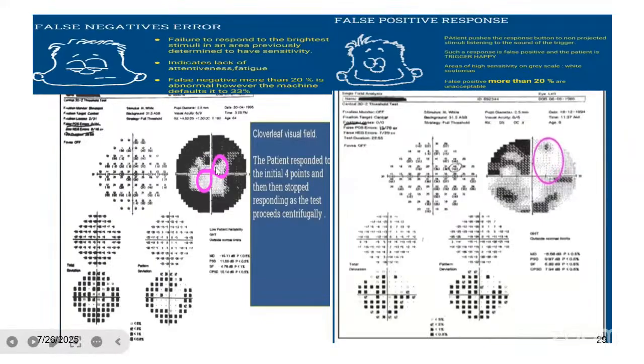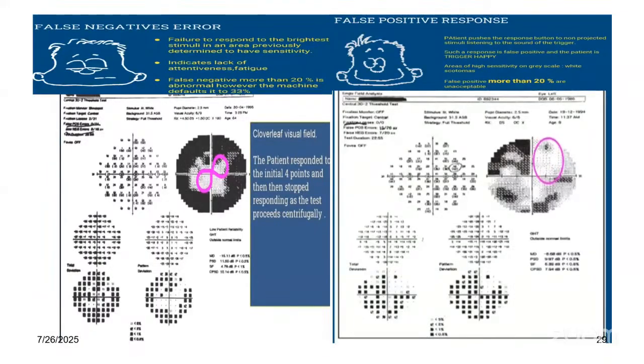And then subsequently onward, the patient will not see any other point. This will give you what we know as a cloverleaf visual field. And usually it gives a very high false negative rate, in the sense that the patient was not attentive or the patient was tired and fatigued and so couldn't participate in the test. Once the value is more than 20, it is said to be unreliable.